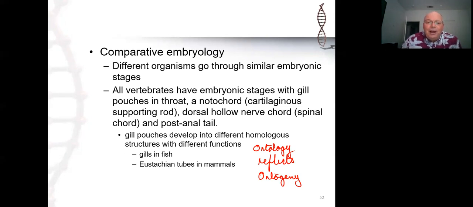And the same is true for other features that we will talk about along the way as we progress through the semester. So it is not correct to say that ontology replays ontogeny. It is more correct to say that ontology reflects ontogeny.